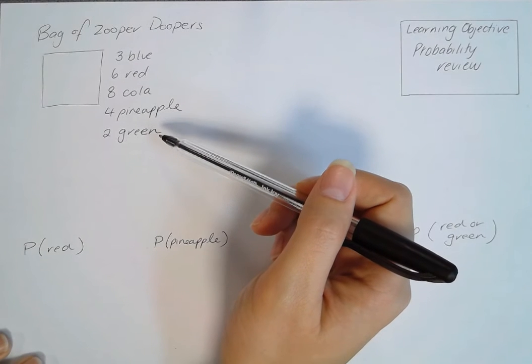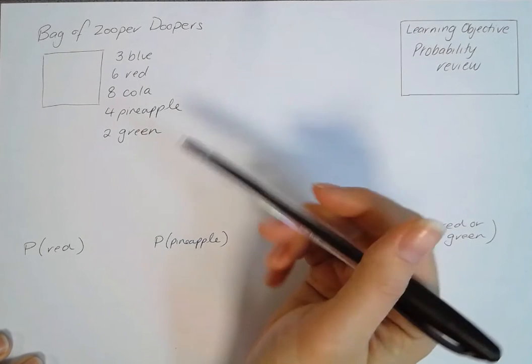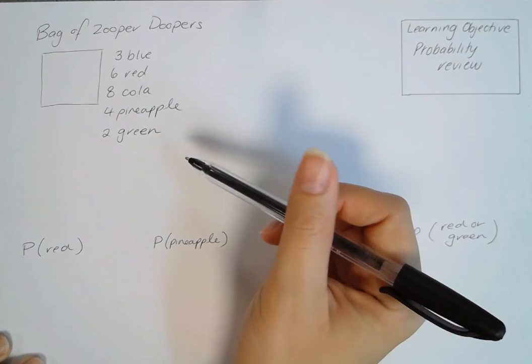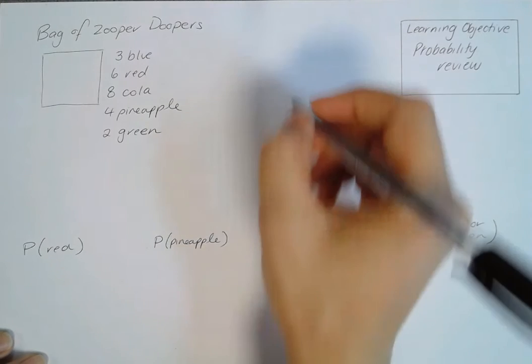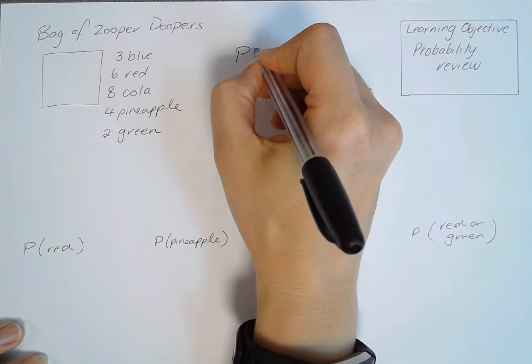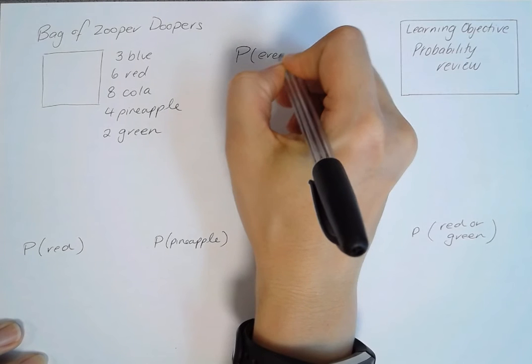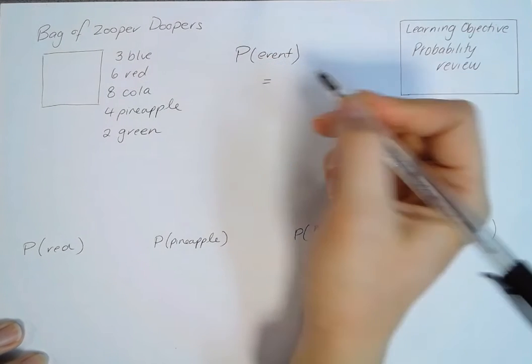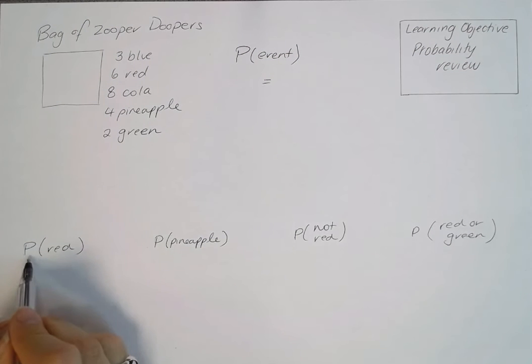What we're trying to do is determine the outcome that we are looking for and what the chance of getting that is. So for example, we are going to use the rule, the probability of a certain event happening. In this case, the probability of pulling out a red Zooper Dooper out of the packet.